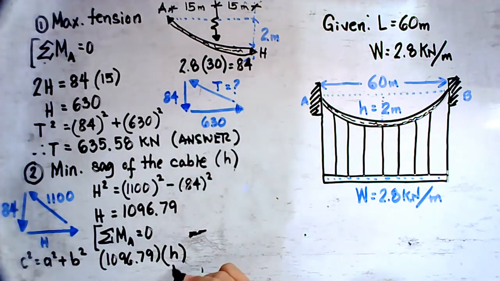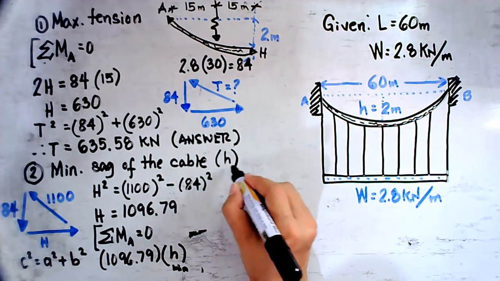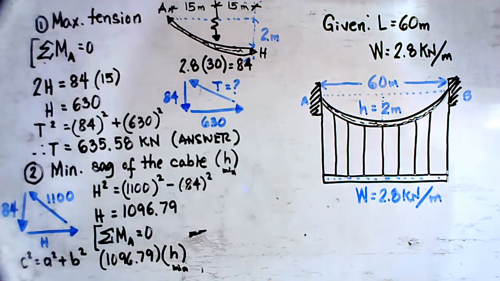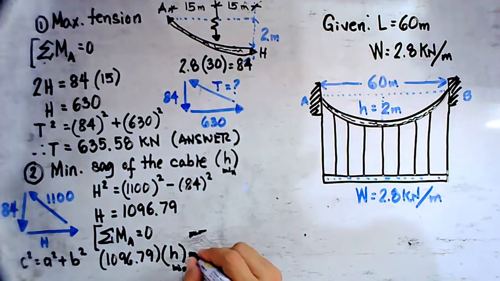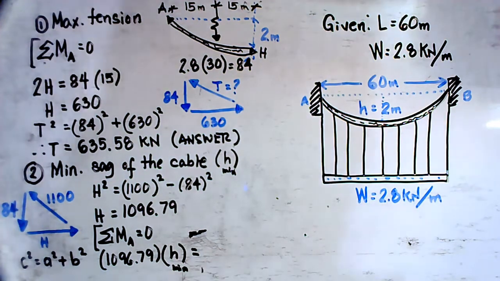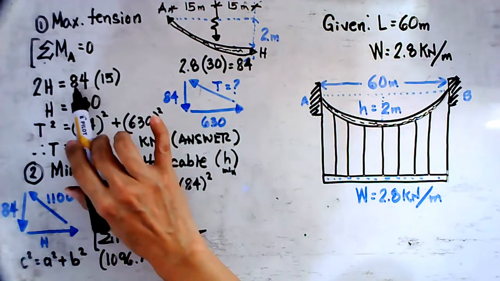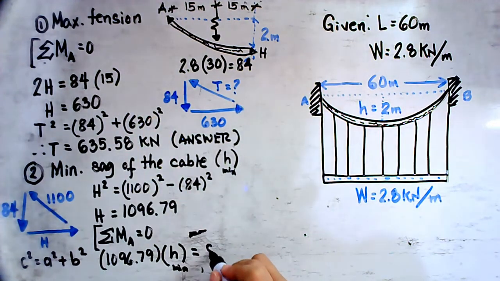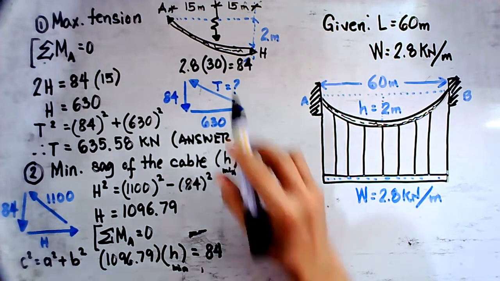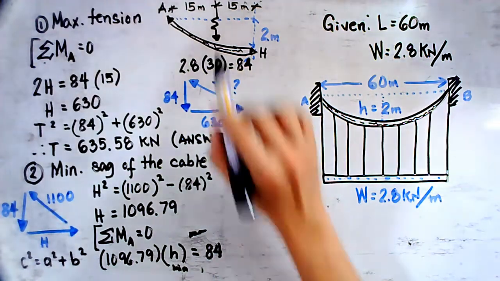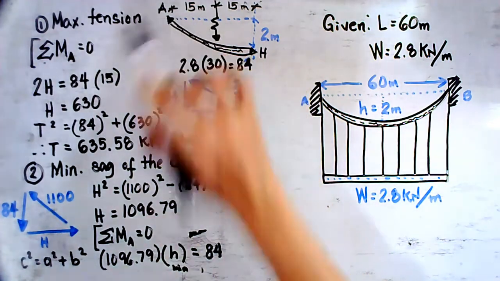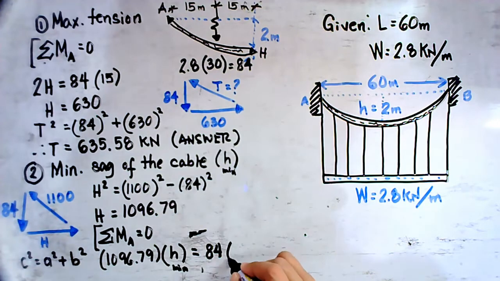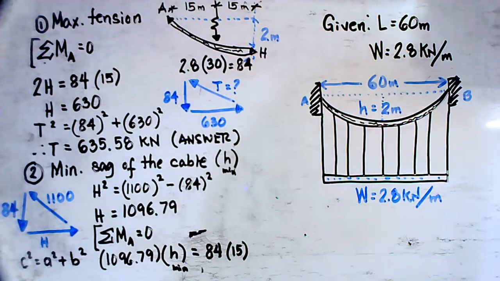So we need to determine the value of H, or the minimum sag of the cable. Let's identify that as minimum H. And it can be equated to the same. You have 84, which is the resultant force here. And then of course you multiply by the perpendicular distance, which is equals to 15 meters.